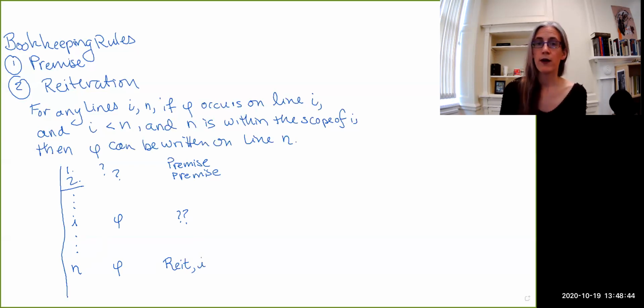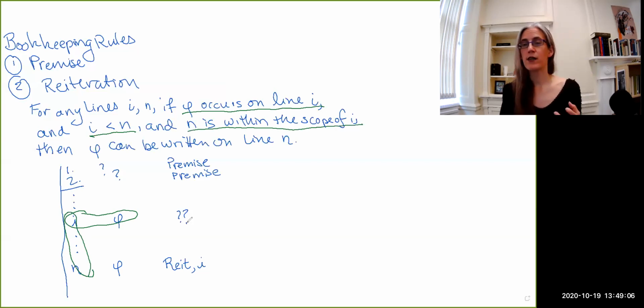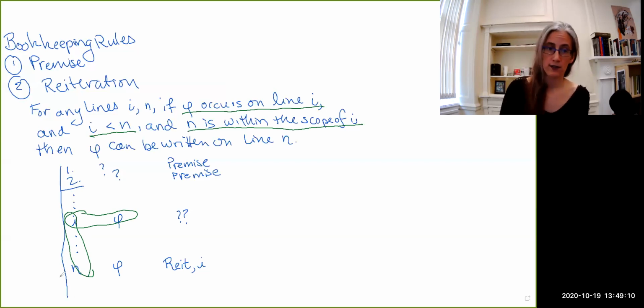Now, let me go back to what I said. If phi occurs on line I, that's what we have right here. If I occurs in the proof before N does, that's what we have here. And then we need to have this idea of N being within the scope of line I. And here's where the scope lines play a role.